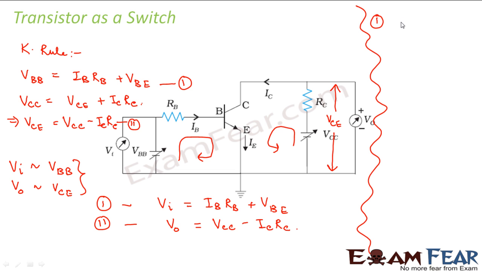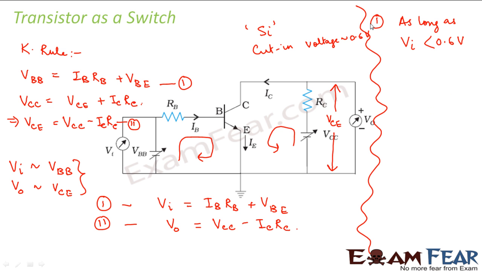As long as my input voltage VI is less than 0.6 volts, and I am talking about silicon, what is the cut-in voltage for silicon? You remember what cut-in voltage is? Cut-in voltage for silicon is 0.6 volts. That means below this voltage there is no current at all, even though the voltage increases. Only after this cut-in voltage, or threshold voltage, whatever you call it, will the transistor be in active state.